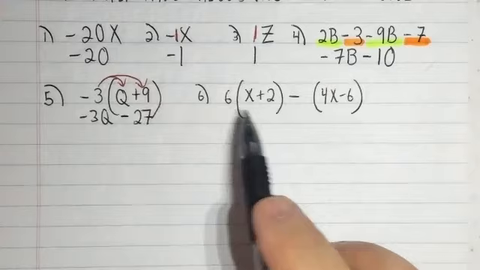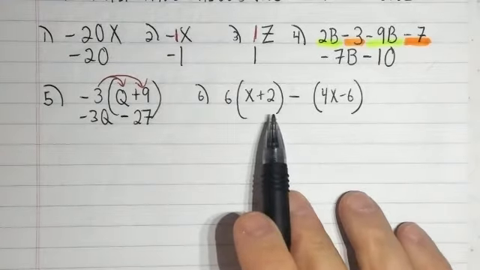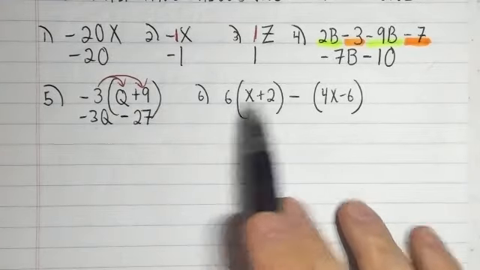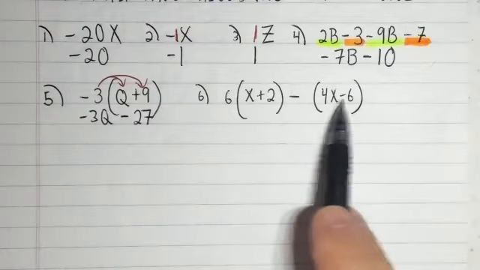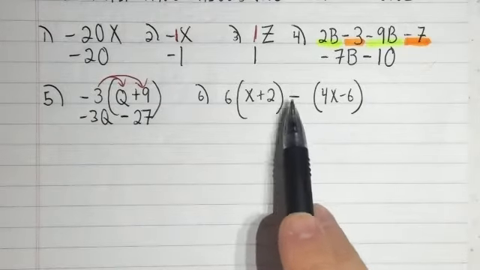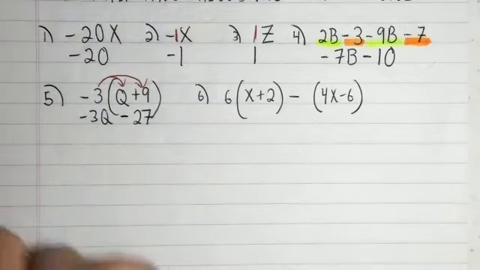So this is all one problem that you're always going to distribute first, and then we're going to combine our like terms. You will see this a lot. I want to make sure you notice a negative in front of a parentheses here. What you must understand is there's a number there. You can't really see it, but it's negative 1.